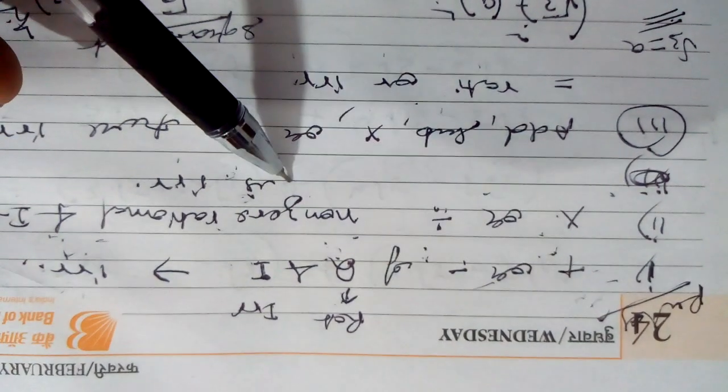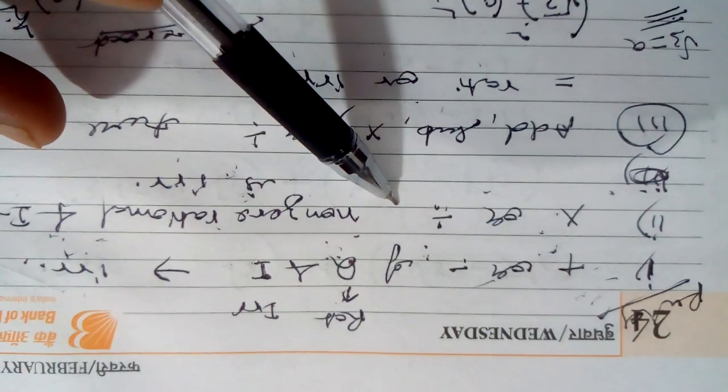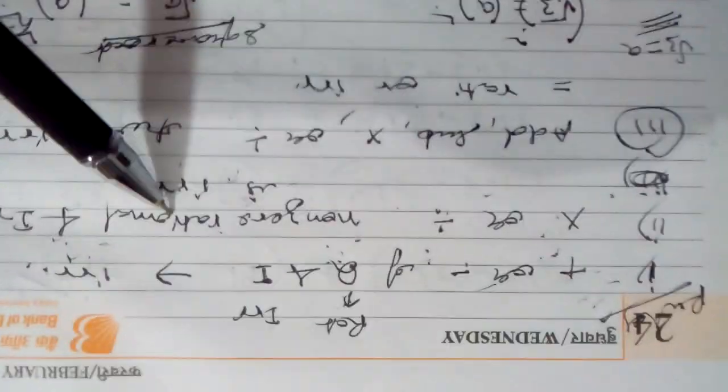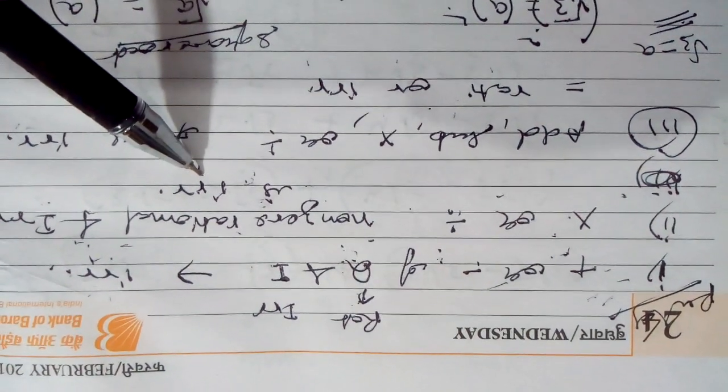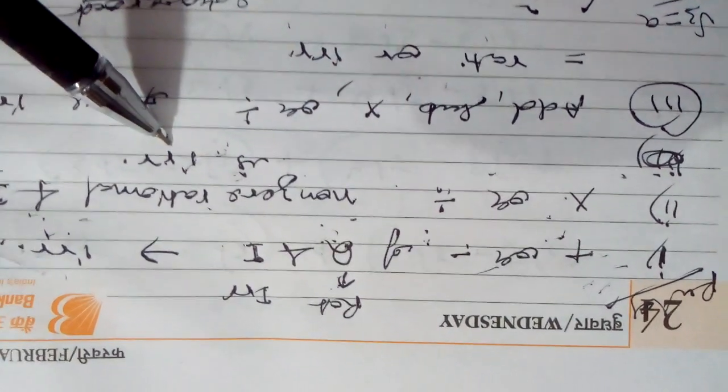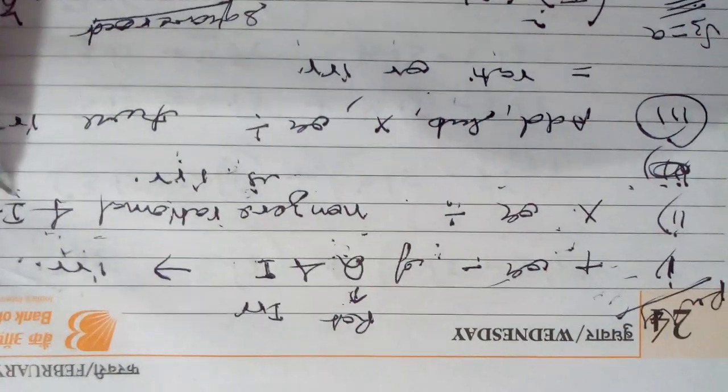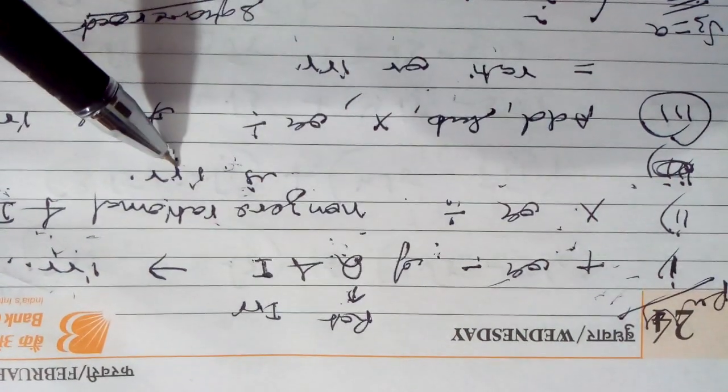If you multiply or divide two numbers, one a non-zero rational and the other irrational, then your result will again be irrational. Non-zero rational into irrational will always be irrational.